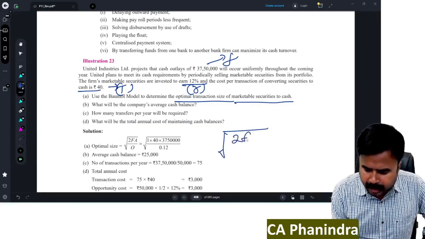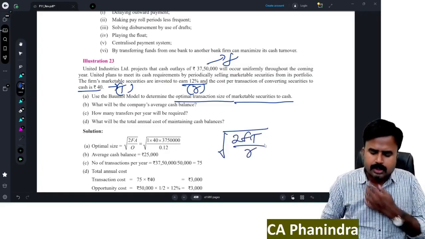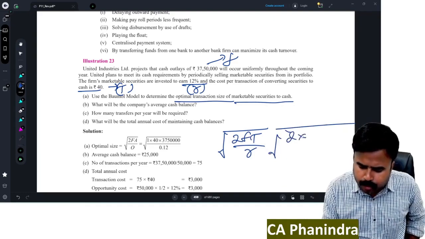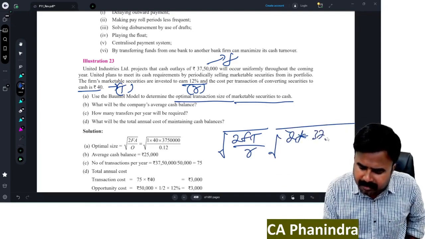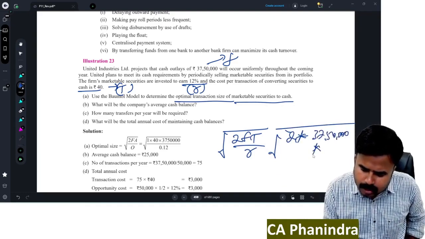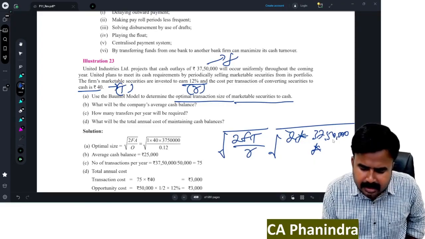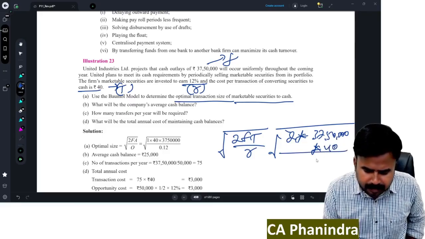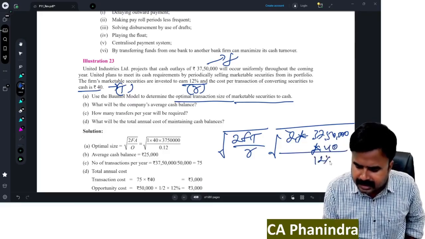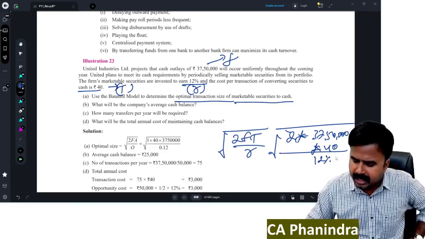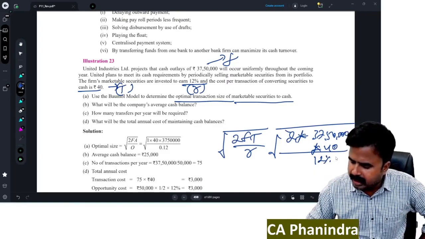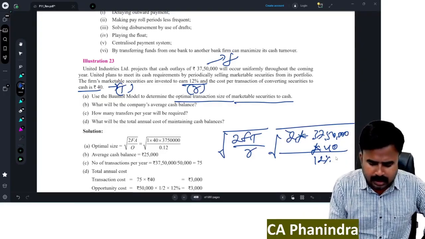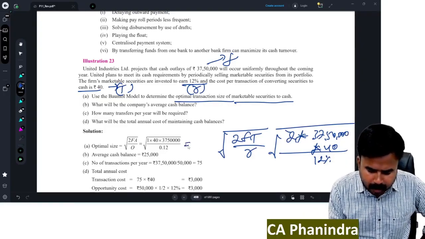So I can use square root of 2 into F, annual cash disbursements 37,50,000, into T, cost per transaction 40, divided by R, 12%. That is 2 into 37,50,000 into 40 divided by 0.12, square root. It is 50,000. Yes, the optimum lot size is 50,000.